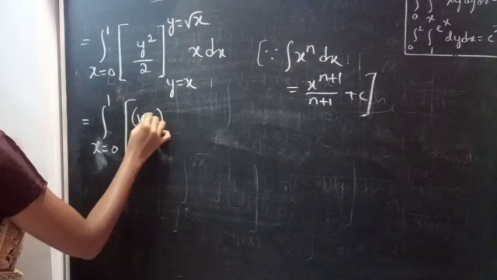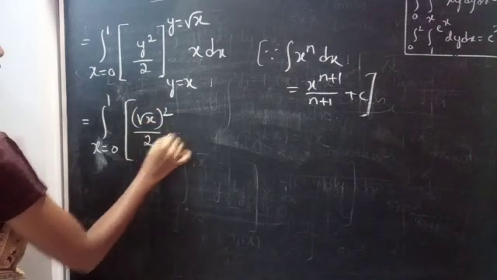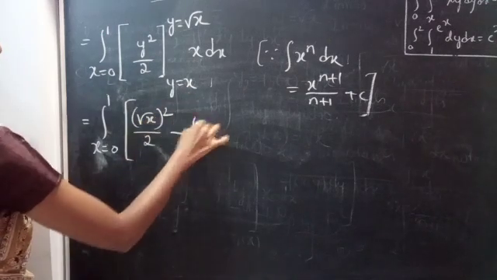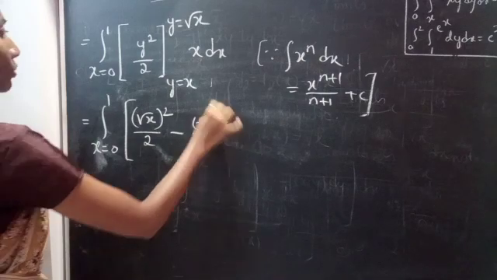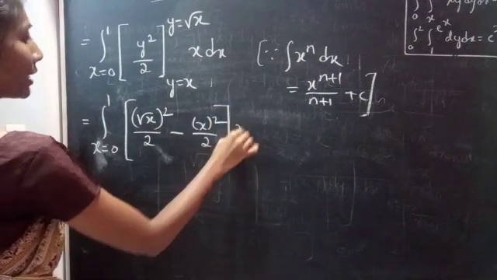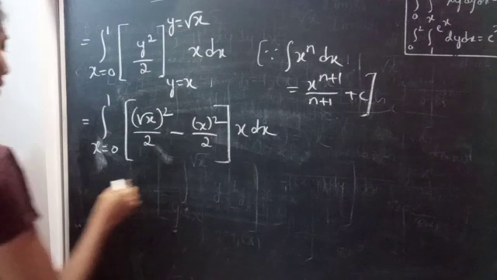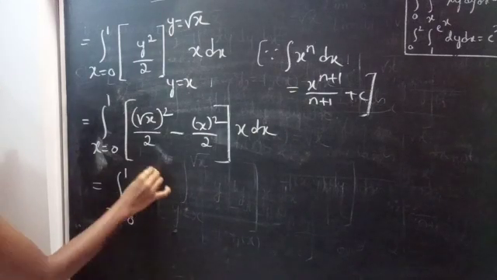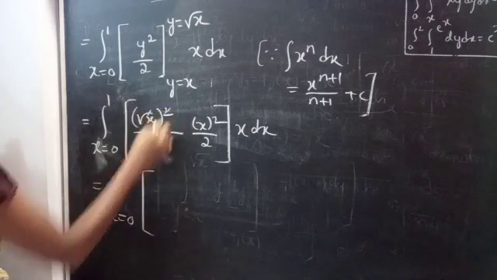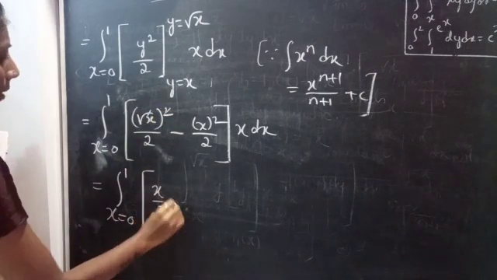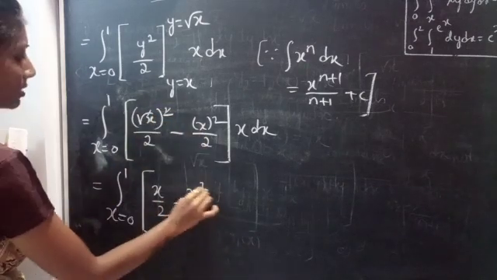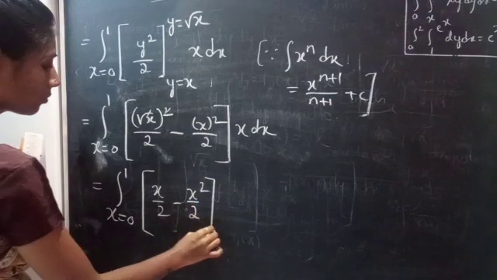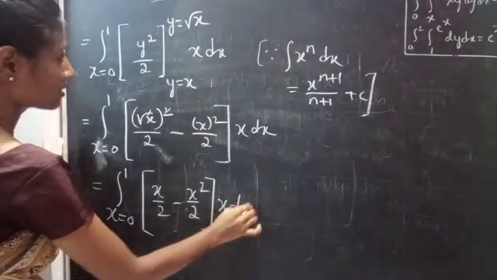Root x whole square by 2 minus x square by 2 into x dx, which is equals to integral x equals 0 to 1 of x by 2 minus x square by 2 into x dx.